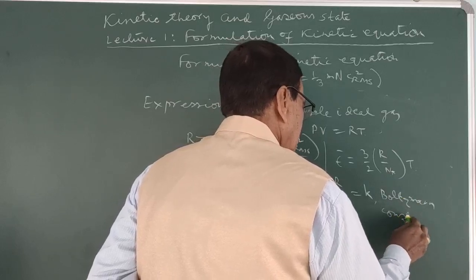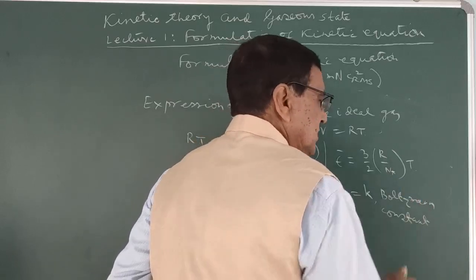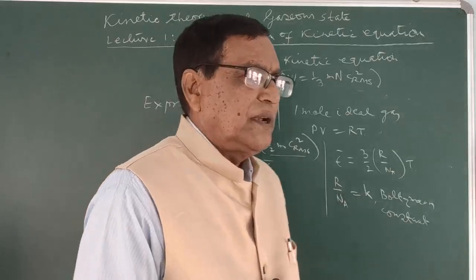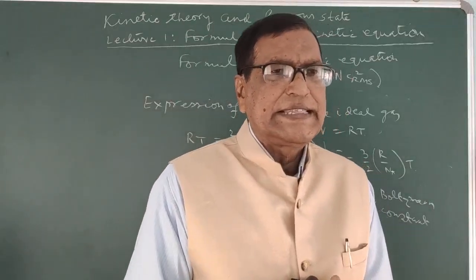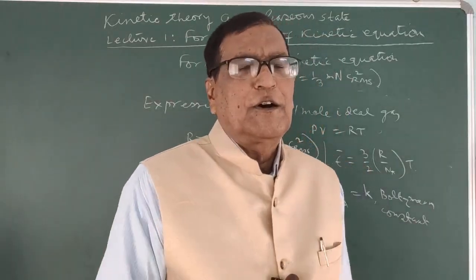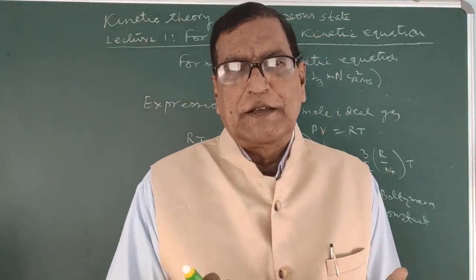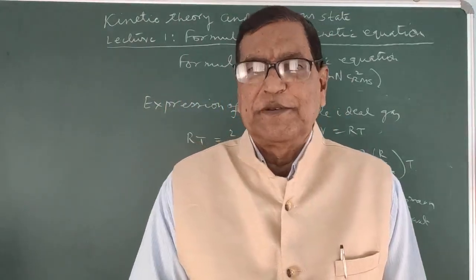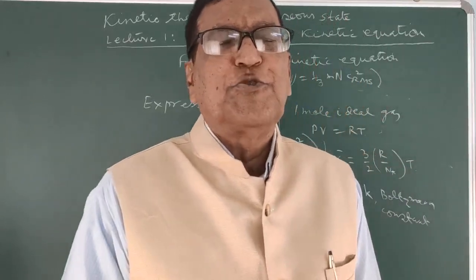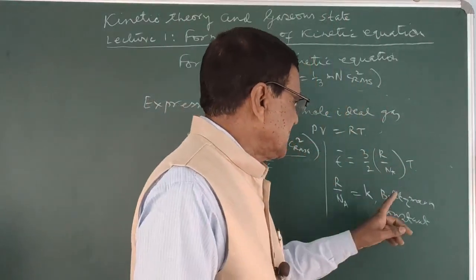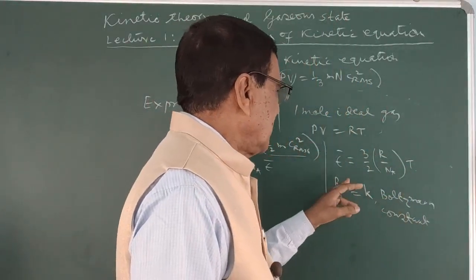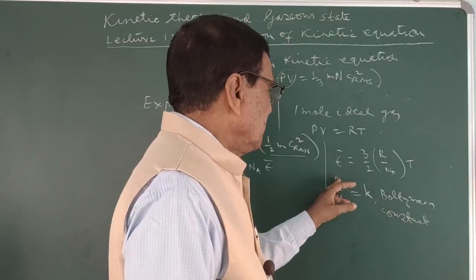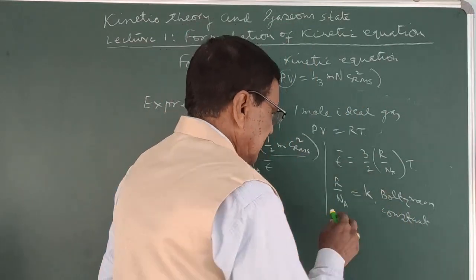Very important. Maxwell, Boltzmann, Arrhenius are the fathers of this chapter, physical chemistry. They are the originators. So R by Avogadro number has been given the name Boltzmann constant.